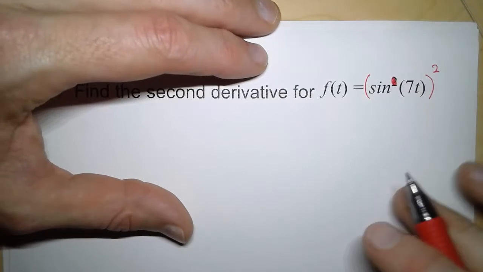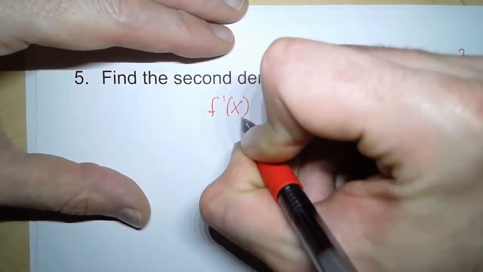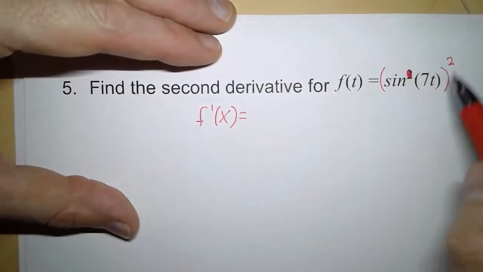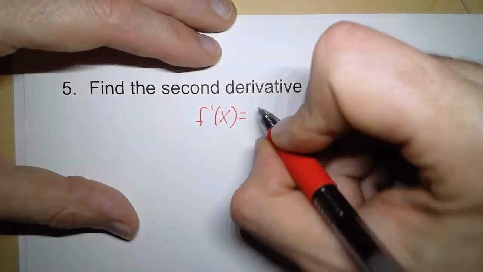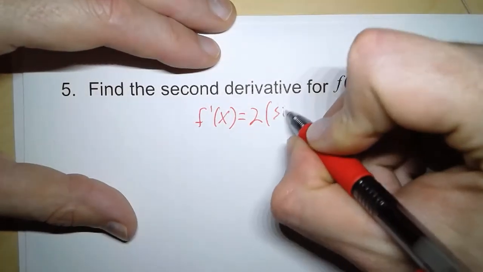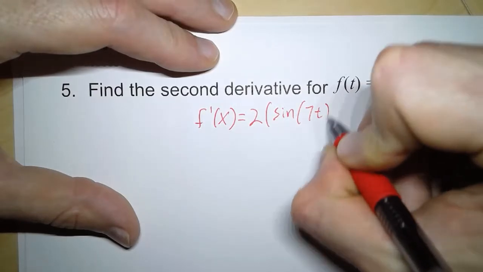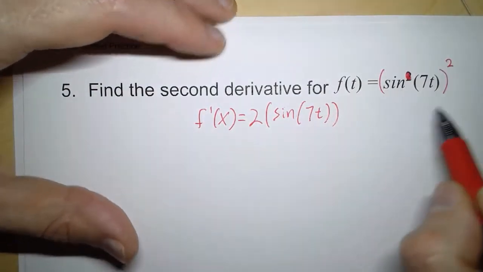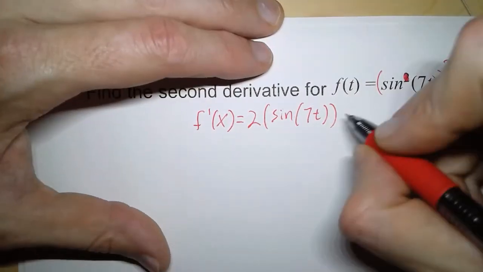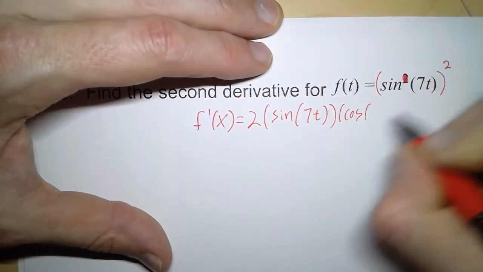So to find f prime, we first have to look at the outermost function and say that we're squaring that. So the derivative of that would be 2 times whatever is still inside, which is sine of 7t. Now we have to look at the derivative of the inside, which is cosine, and we leave 7t alone.